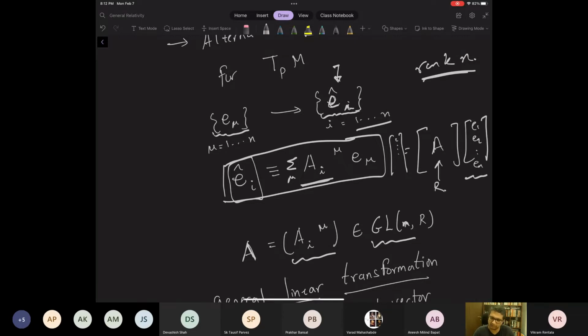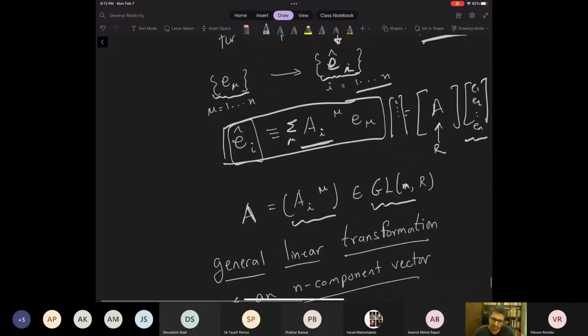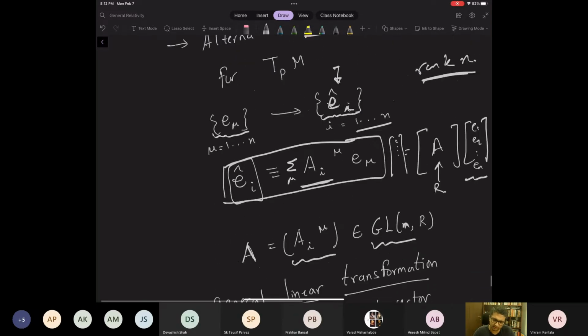So it's an n by n matrix of real coefficients. The only thing is that the determinant of A should be non-zero so that you get a complete basis of n vectors. You want n linearly independent combinations of these.